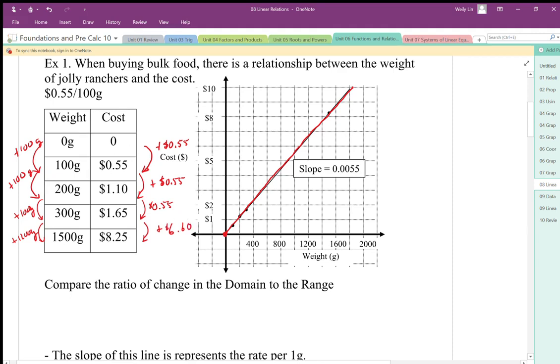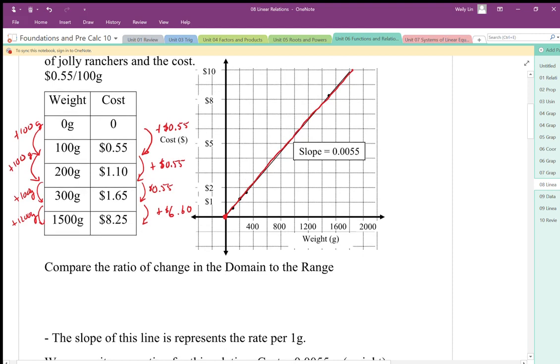It's kind of hard to see, but if we divide $6.60 by 1,200, we're going to get the same as if we divided 55 cents by 100 grams. So the ratio of change looks like it's going to be plus 55 cents for every 100 grams.